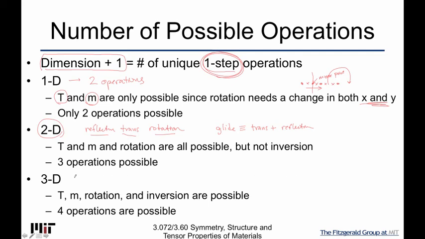So of course 3D, that means I must have 4 operations. And that's because we're adding inversion. So we've got the 3 we had in 2D, but there's an additional one, which is inversion.